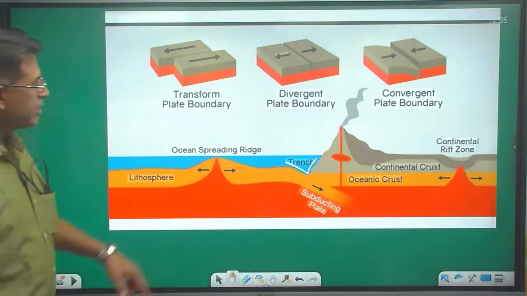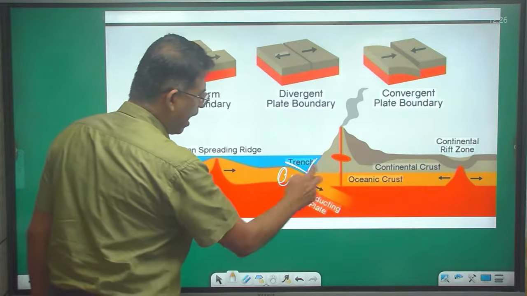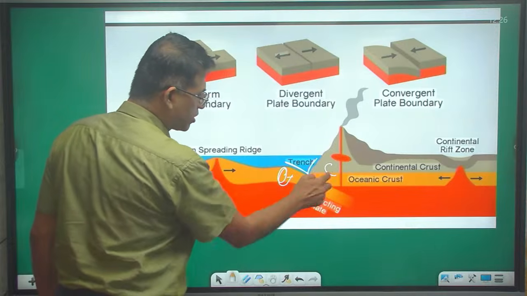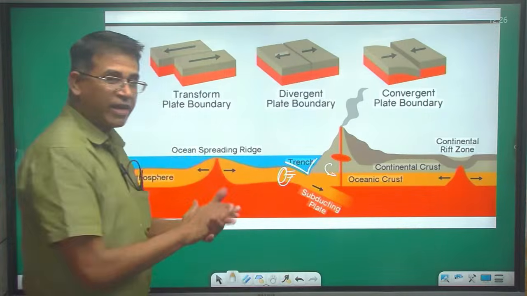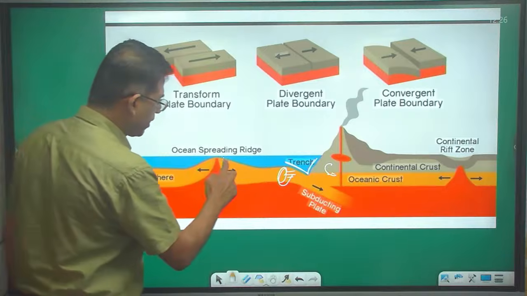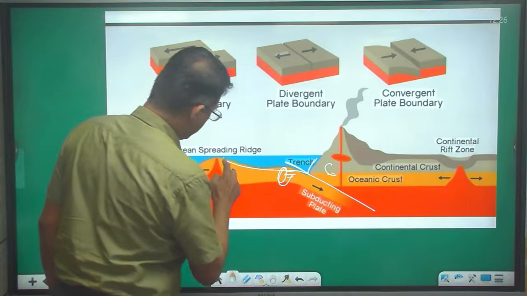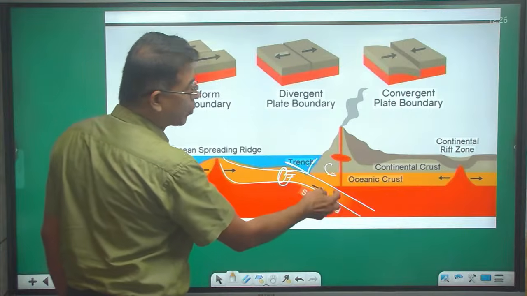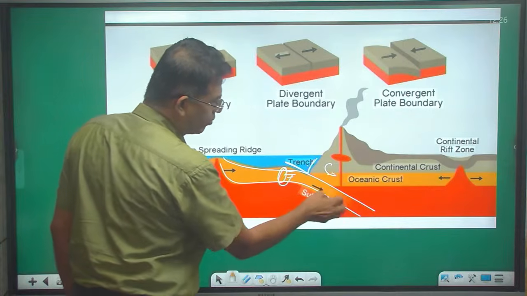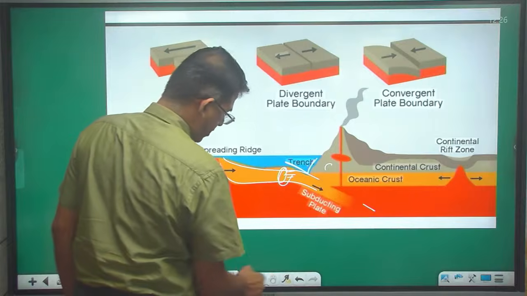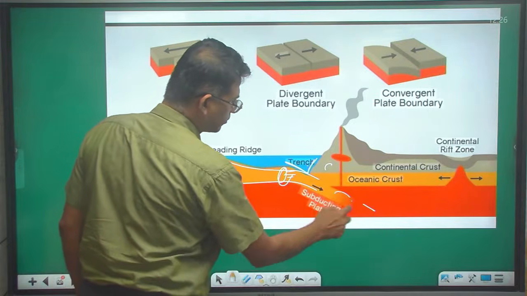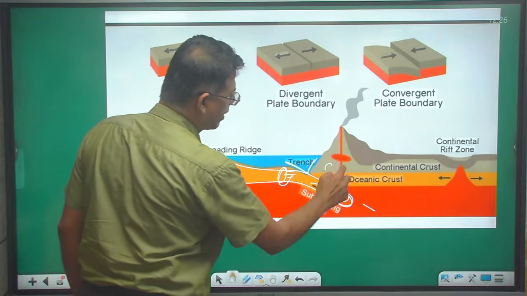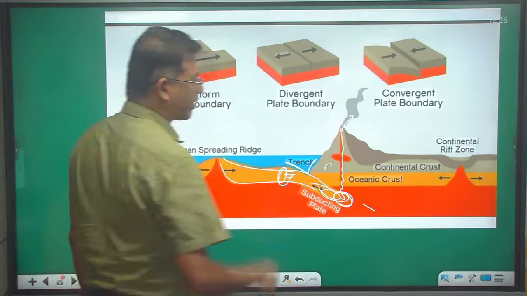In this case, it is ocean here and continent here. This is OC type of interaction. And in OC interaction, the ocean is going down, something like this. Here is the trench, and because it's going down, it's melting here, and this lava will rise up and create volcanoes here.